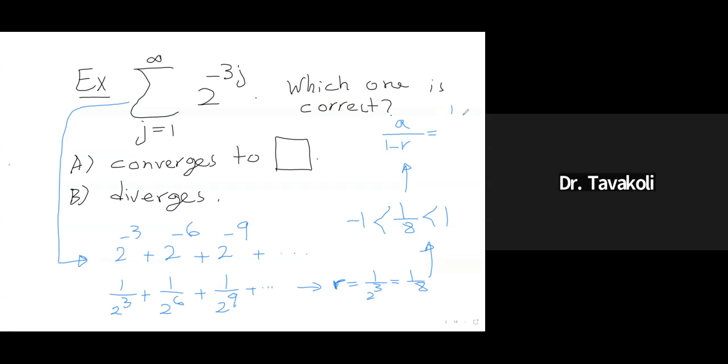So the first term is 1 over 8. 1 minus r is also 7 over 8. 1 over 8 divided by 1 minus 1 over 8. 1 minus 1 over 8 in the denominator is 7 over 8. 1 over 8 divided by 7 over 8 is just 1 over 7. So the final answer here is 1 over 7. So this converges, and converges to 1 over 7.